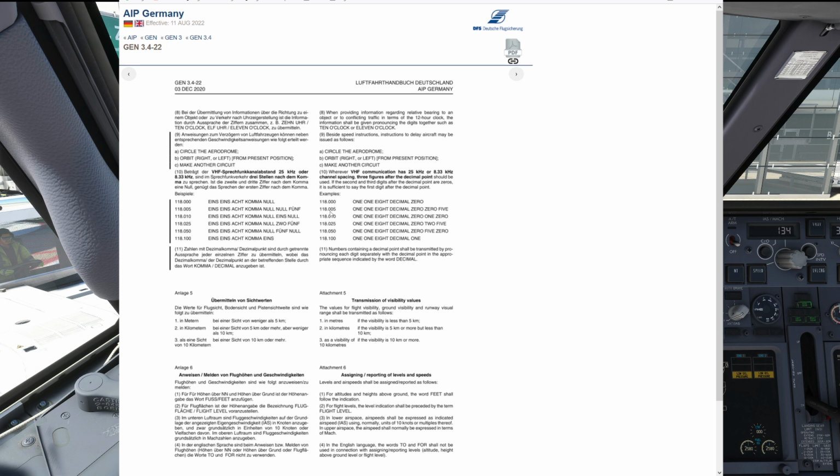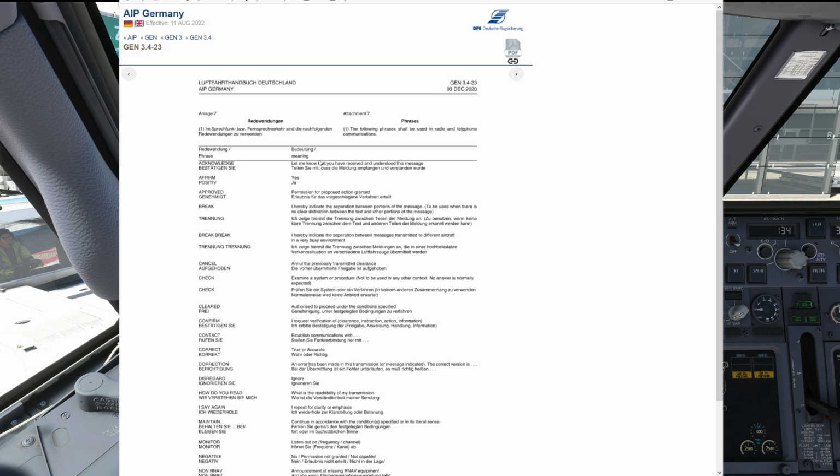So, if you have, for example, 118.000, it is permissible, and actually it is normal, to pronounce this one as 118.0 and then leave the last 2 zeros out. However, if there is still a different number than 0 at the end, so 118.005, then it actually has to be pronounced like 118.005. So that's something that you just should be familiar with.